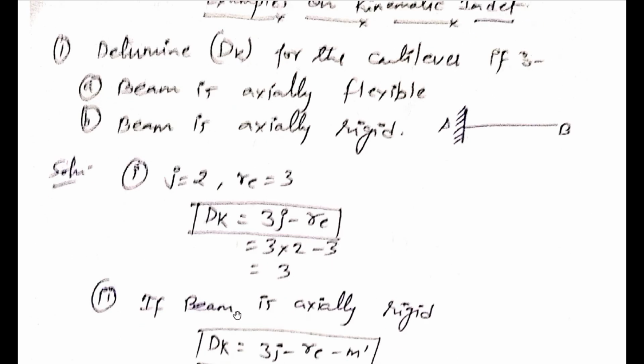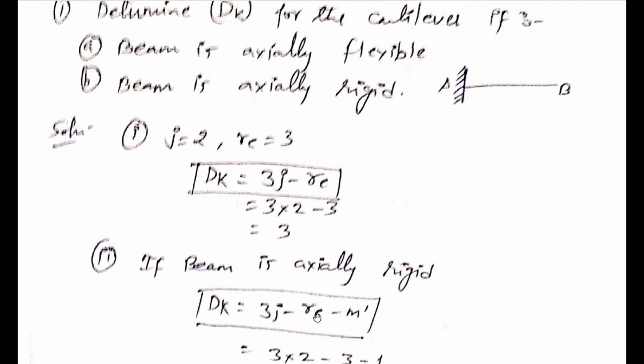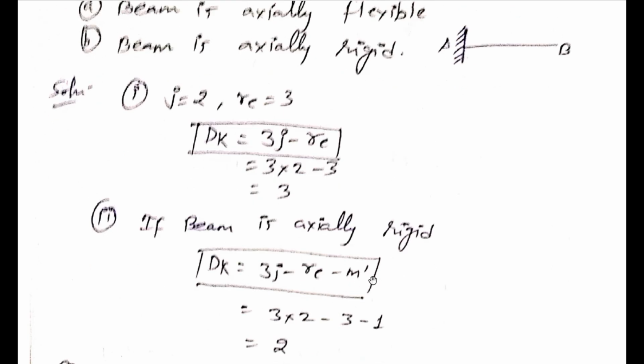If the beam is axially rigid, then this member AB is axially rigid and our formula changes to 3j minus re minus m double dash, where m double dash is the number of axially rigid members. We have only one axially rigid member here, AB. So 3 into 2 joints, with the unsupported joint also considered, minus re.